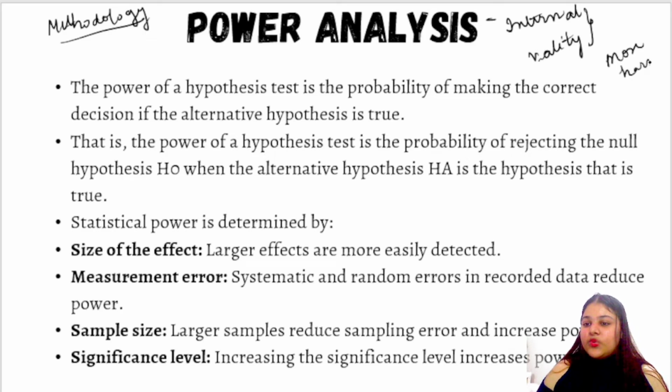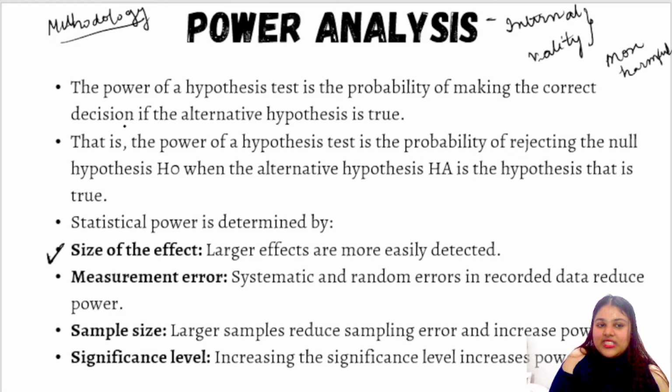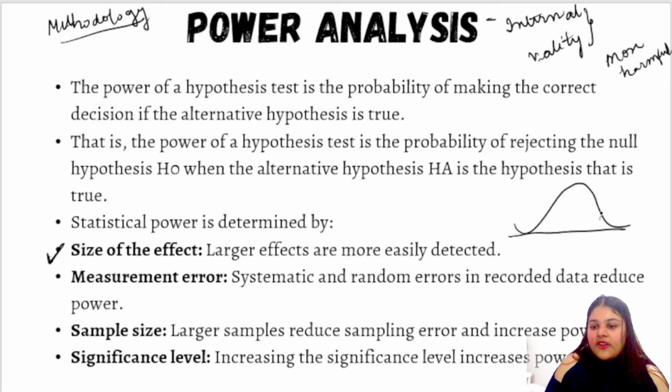Herein we determine our power by the size of the effect. What is the effect? We also discussed a curve for both types of hypothesis, right? If I am making a curve and recognizing the critical region here, and this was the effect, I need to maintain an appropriate size of effect which is required for my study.